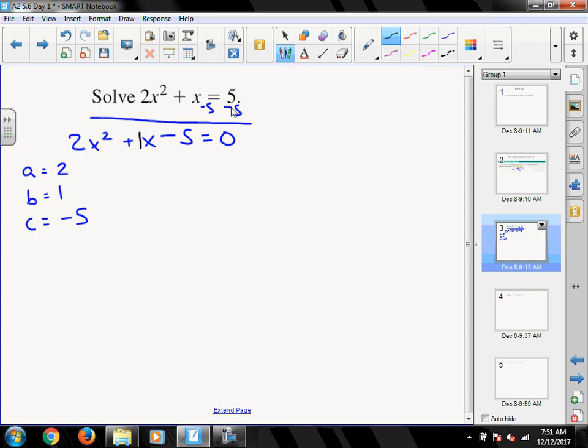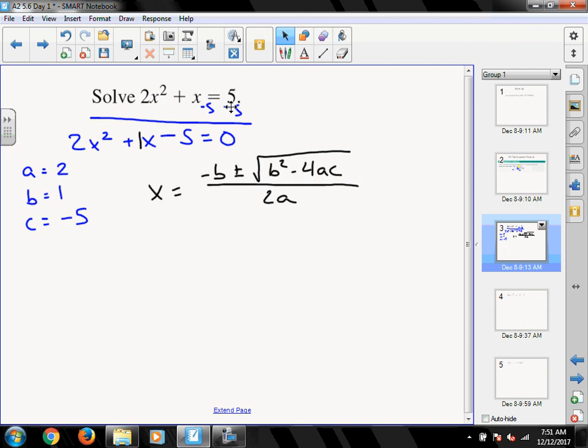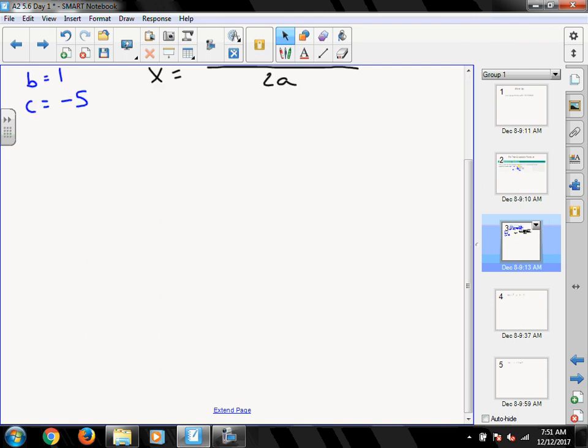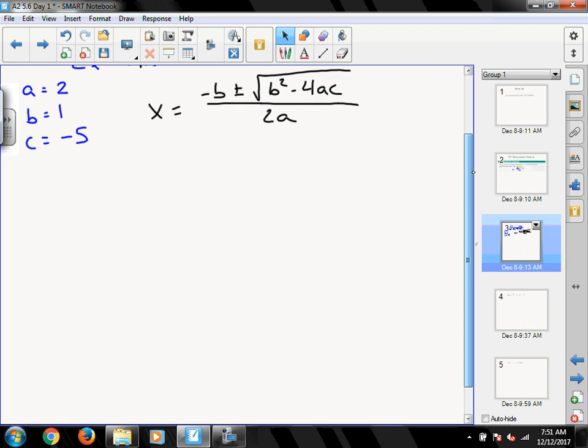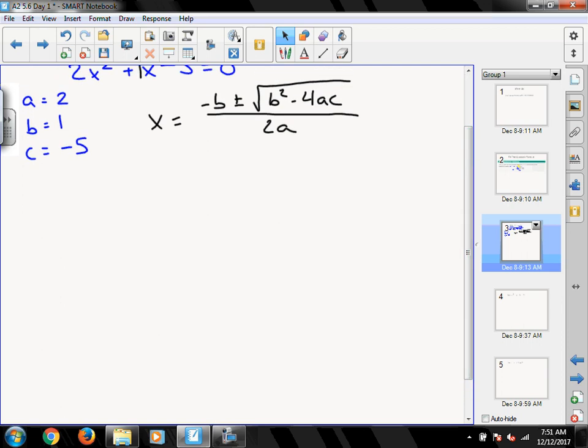Now that we've got a, b, and c, we can plug into our quadratic formula. x is equal to negative b plus or minus the square root of b squared minus 4ac, all divided by 2a. From here, we plug into our formula.